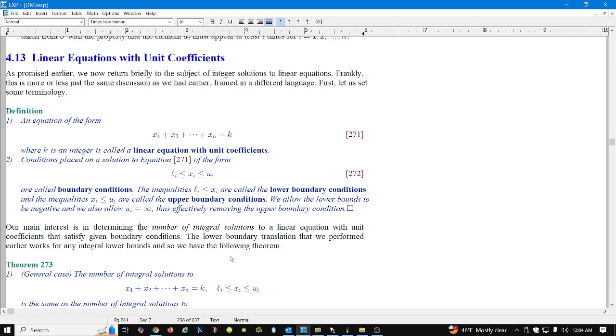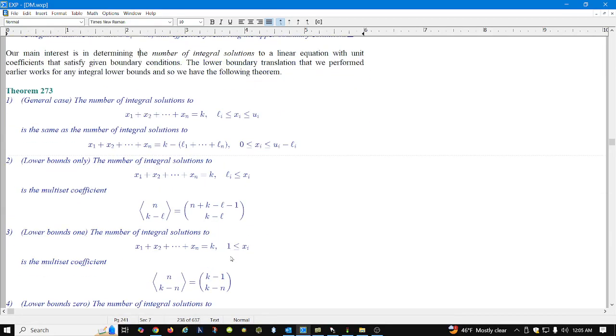The technique that I described earlier, that I called lower boundary translation, works just fine if the lower bounds are negative. And so that gives us the following theorem, slightly more general than the version for multisets.